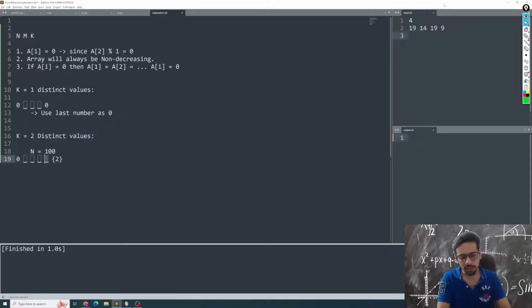Reason? Because this is going to be 2 mod 100, which is 2, then 2 mod 99, which is 2, so on till 2 mod 3, which is also a 2, and finally 2 mod 2, which is a 0.